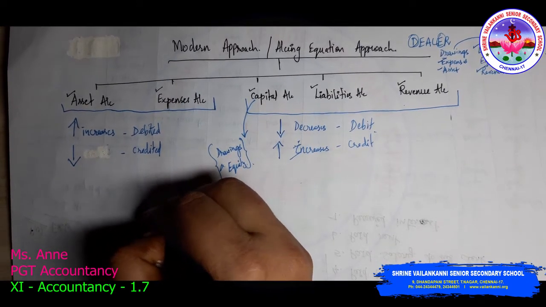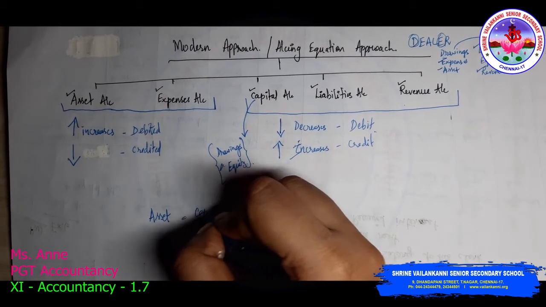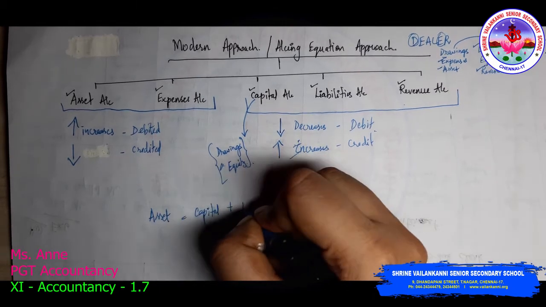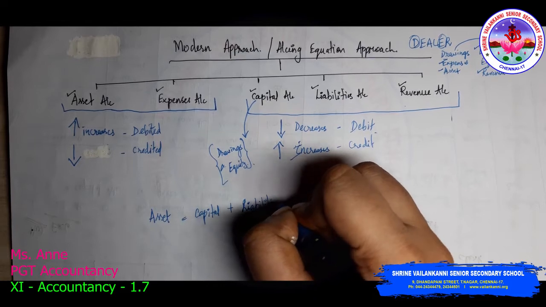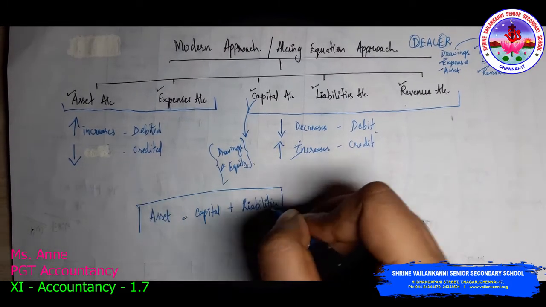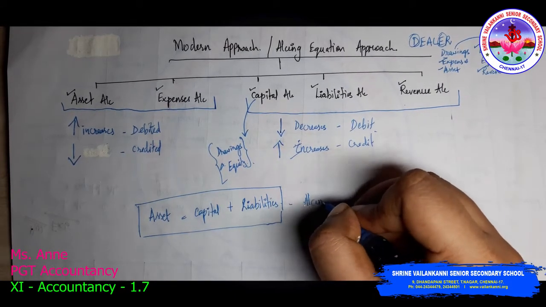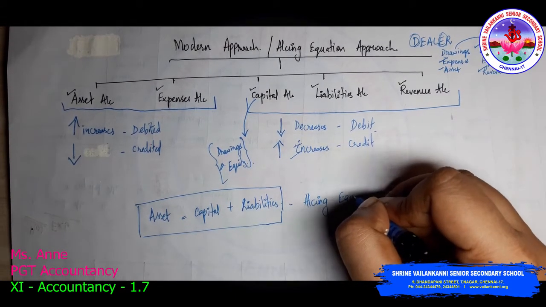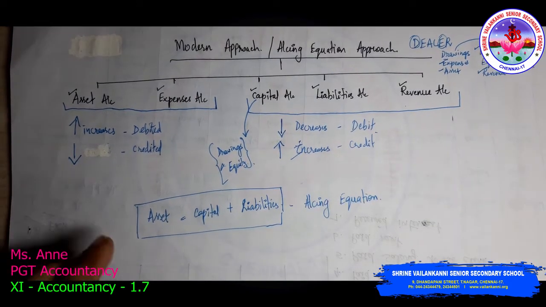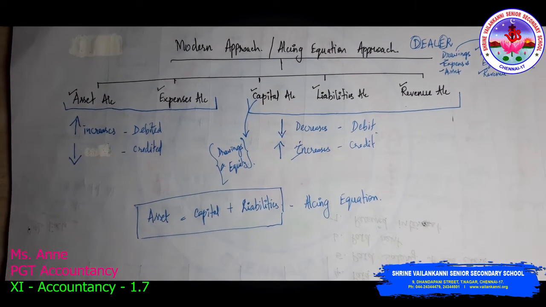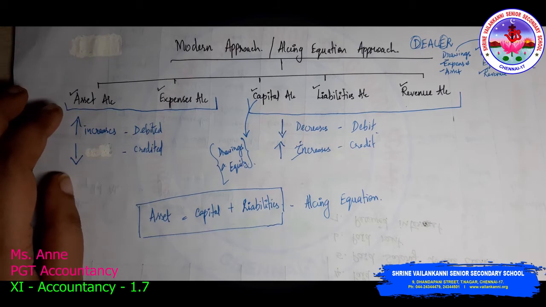See, asset is equal to capital plus liability. Now this will be the accounting equation. In the chapter called accounting equation, we will be dealing with this approach fully. We will also be doing some problems related to this approach.